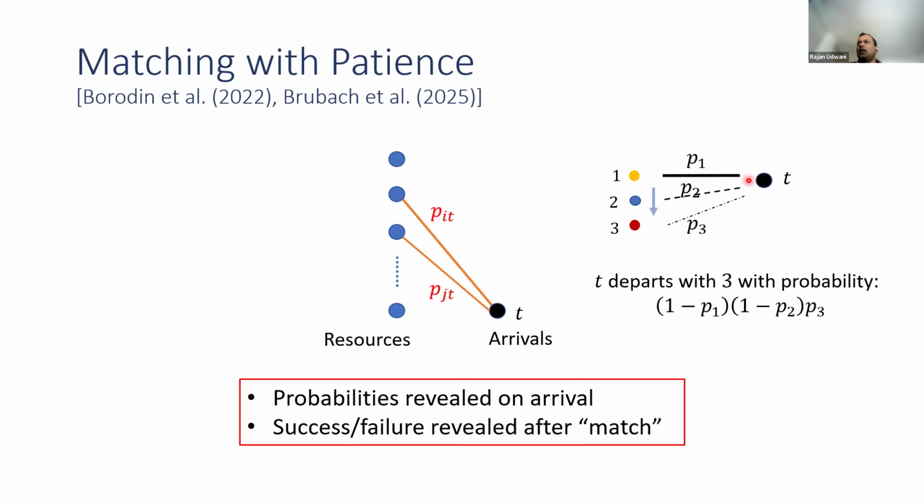So you get three chances to try to match it successfully. So I match T to this resource one, it succeeds with probability P1, independent of everything else. If that fails, I try to match T to two. If that fails also, I try to then match T to three. So if I want to think about, for example, what is the probability that T successfully gets matched to resource three, that'll be P3, the probability of success, times the probability that the first two matches both fail.